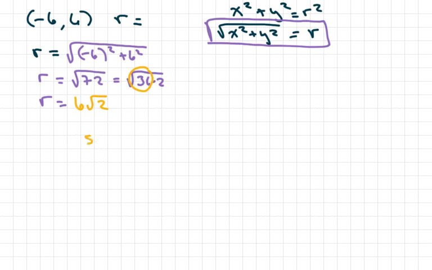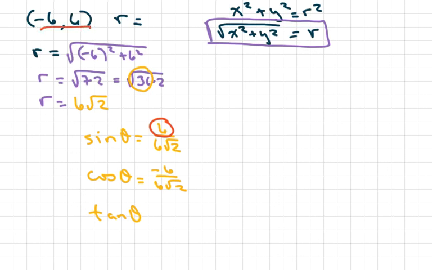So we have sine of theta equals y over r. Cosine of theta equals x over your r. And then tan of theta, you just pull these two, or you can just look at that. It's going to be -1.